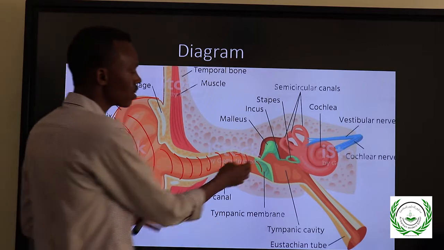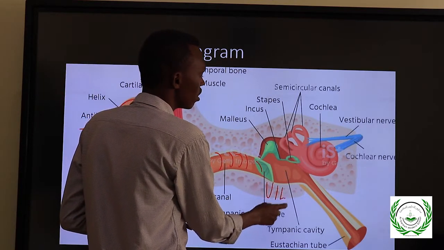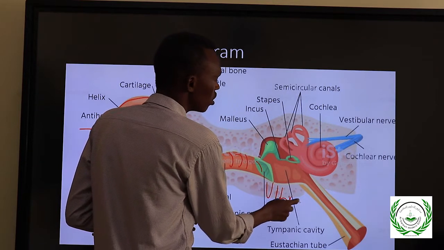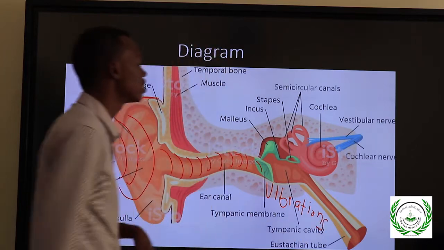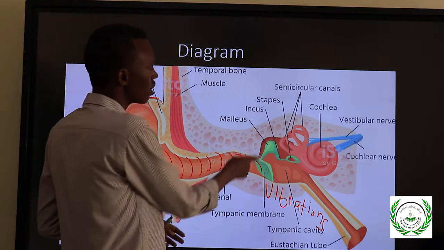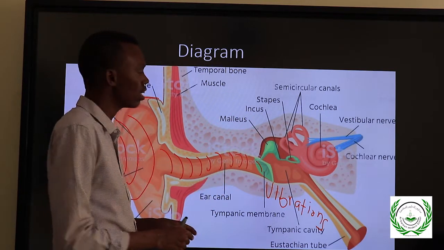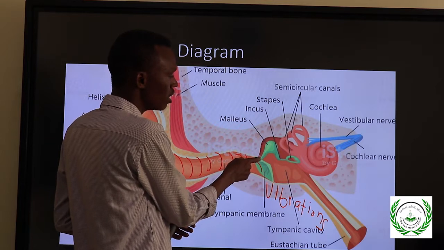When the sound waves arrive here, they create a vibration, as we have seen. This vibration created by the eardrum moves the bones of the middle ear. Here you see these are the bones, and they are attached to the eardrum.